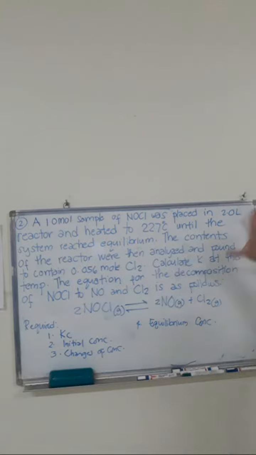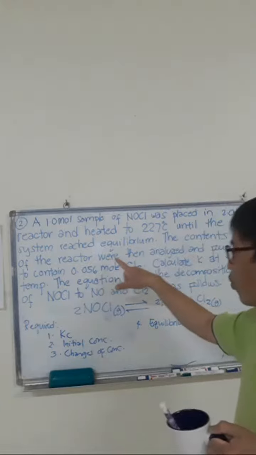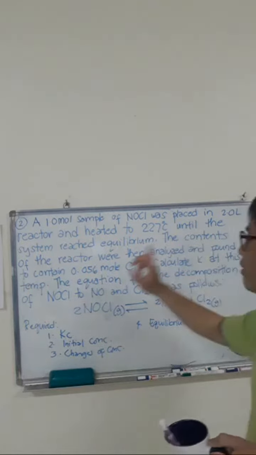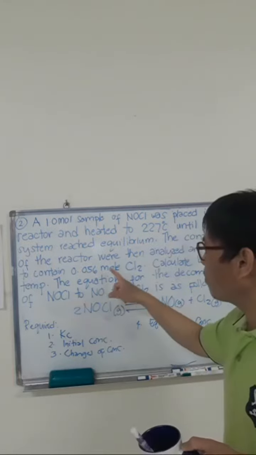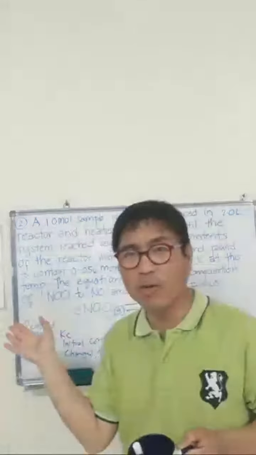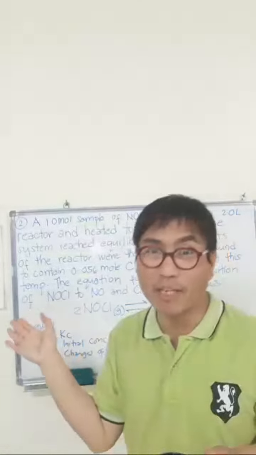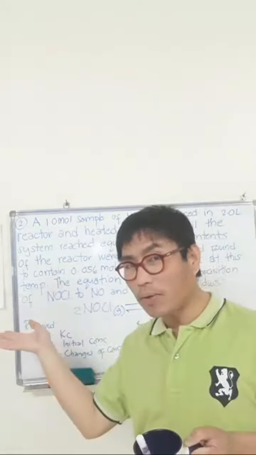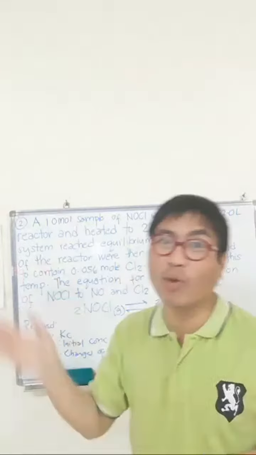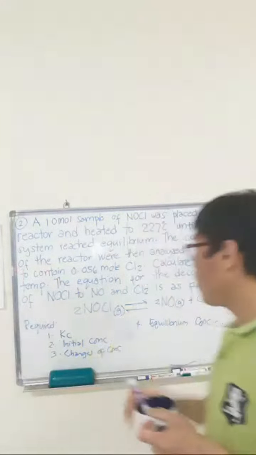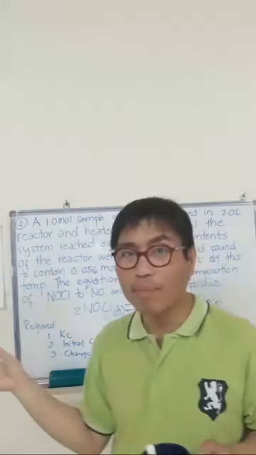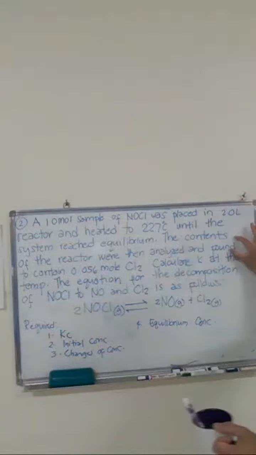Take note of the phrasing of the sentence. The contents of the reactor were then analyzed and found to contain 0.056 mole. English matters here because some examiners will interpret this as an initial concentration, some will interpret this as an equilibrium concentration already, and some will interpret this as a change in concentration, because the terms are not really that clear.